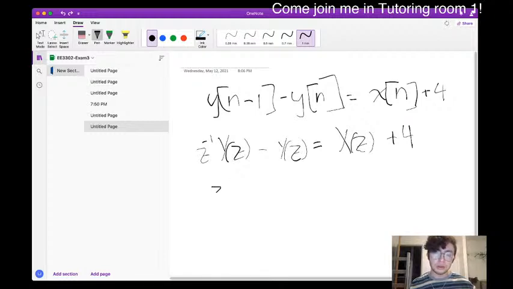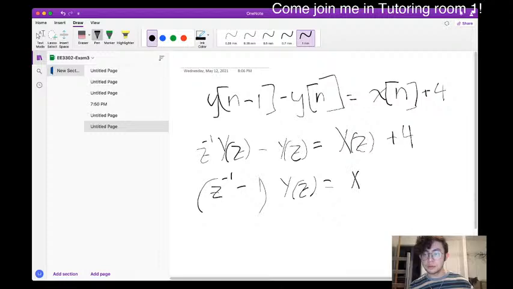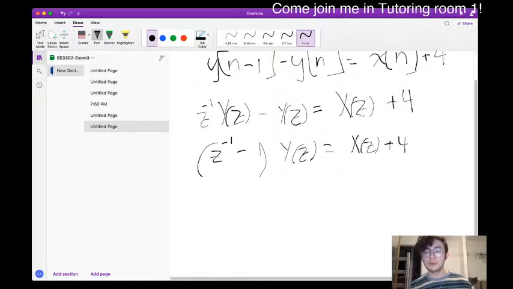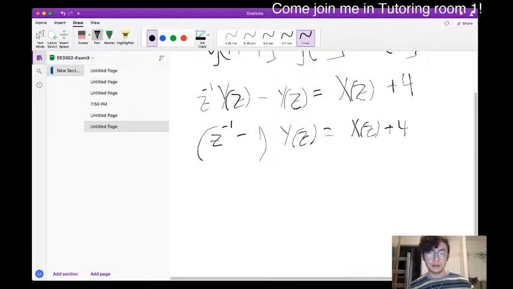So we have Y(z) times (z^-1 minus 1) is equal to X(z) plus 4. Just doing some algebra.